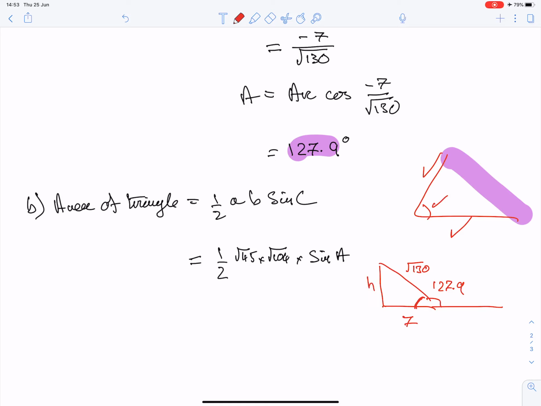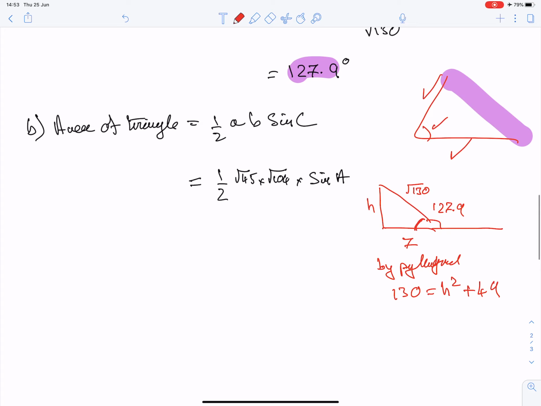So the height is going to be, by Pythagoras, 130 equals h squared plus 49. So h is equal to the square root of 130 subtract 49, which is 81.